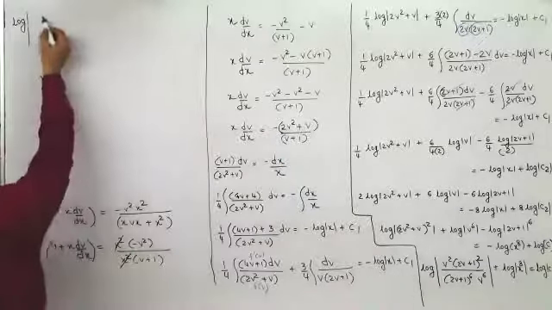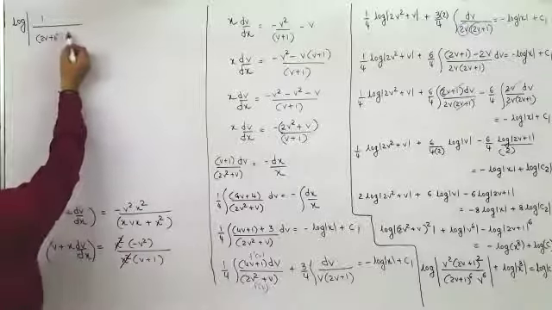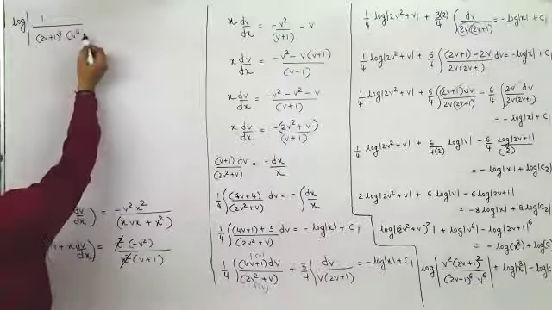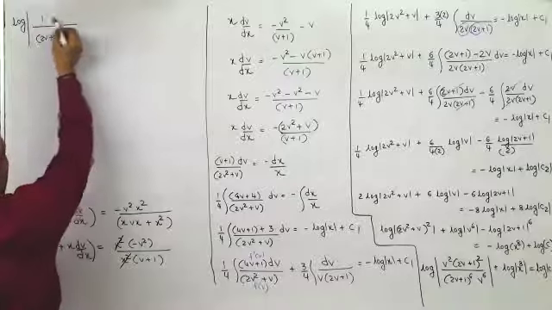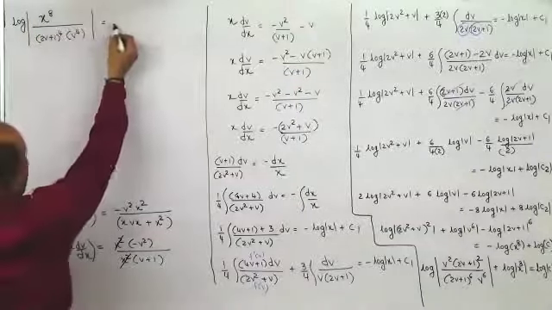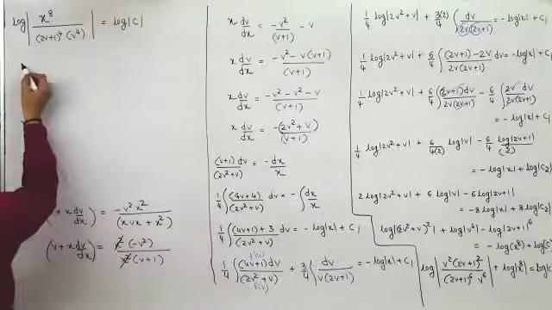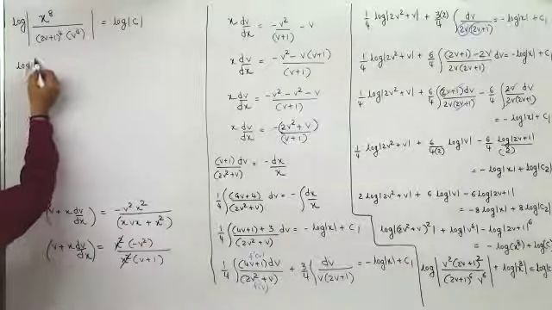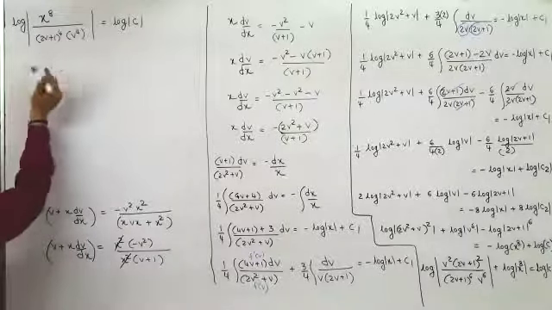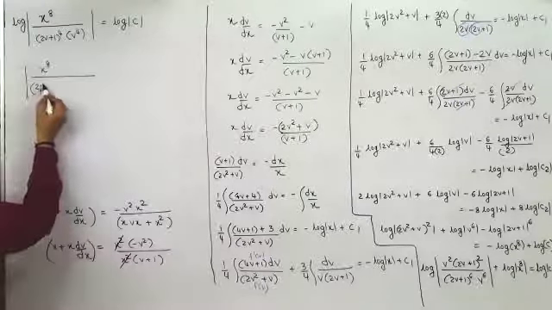So you would get 1 upon 2v plus 1 raised to 4, and here you will get v raised to 4. Here you will get x raised to 8 is equal to log c. Now this v can be replaced by y by x, so you will get log of, in fact you can take off log, you will get x raised to 8 upon 2 y by x.